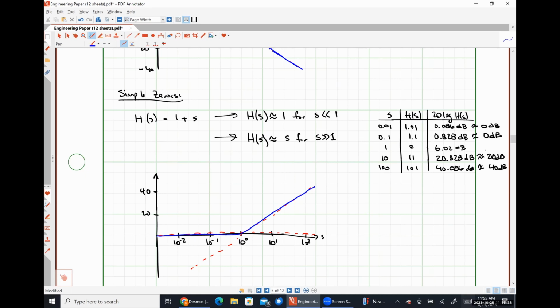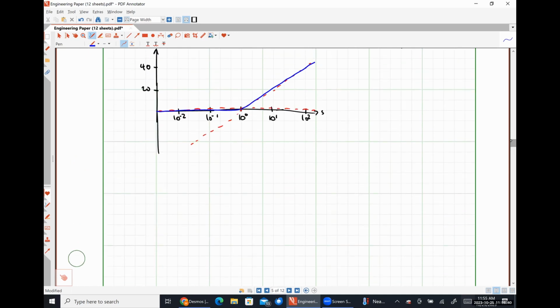For our phase response, this is going to be pretty trivial because we don't have to do any fancy math whatsoever. H of s equal to 1 plus s would be equal to 1 plus j omega. So our phase angle would be the arc tangent of positive omega over 1.